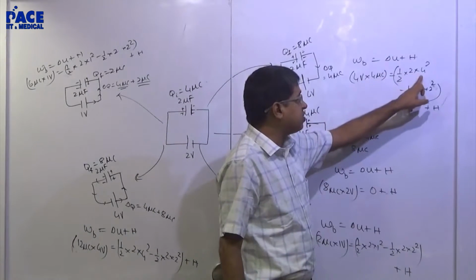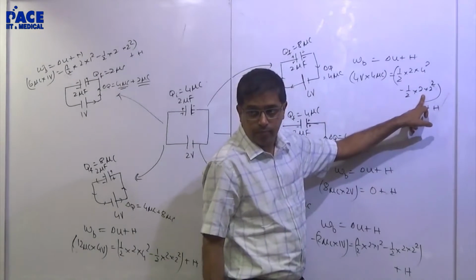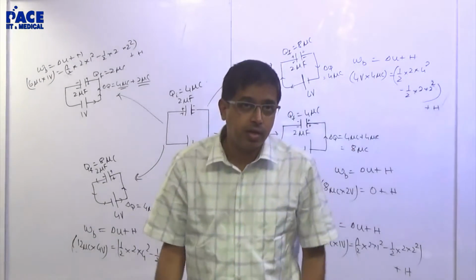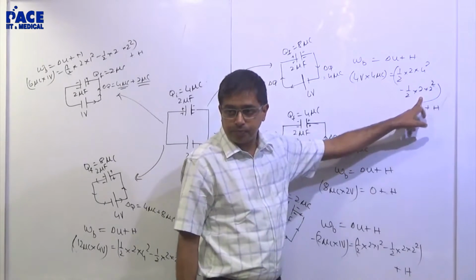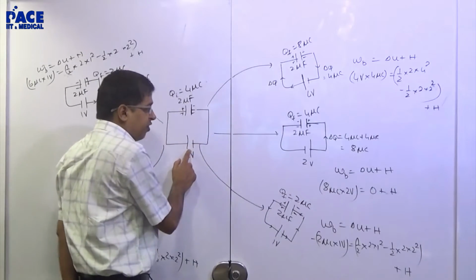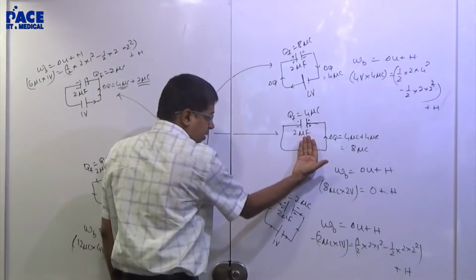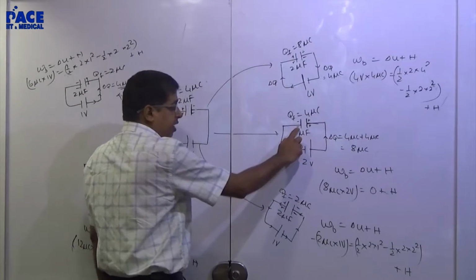Delta U is half CV square final minus half CV square initial, plus heat loss. Delta U is final minus initial. Now instead of a 2 volt battery with this polarity, you reverse the polarity of the battery. That means the right plate should be positive now, left plate should be negative.